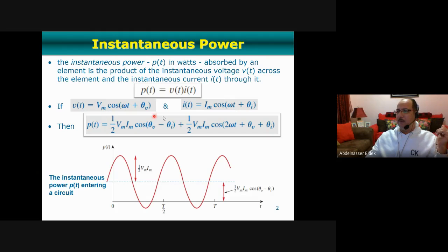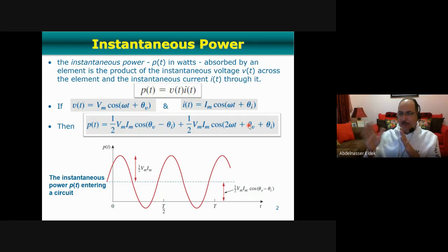So if you use this relation, then the power as a function of time equals 1/2 Vm Im cosine of the difference between them. So omega t will cancel here, so it will be theta V minus theta I, plus 1/2 Vm Im cosine of the summation here, 2 omega t plus theta V plus theta I.